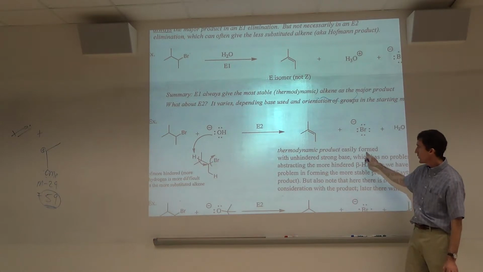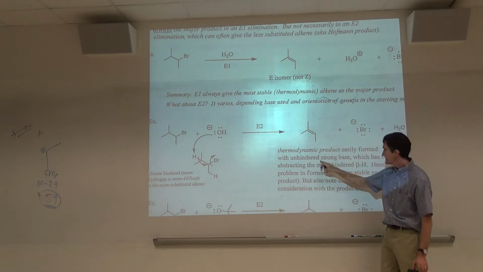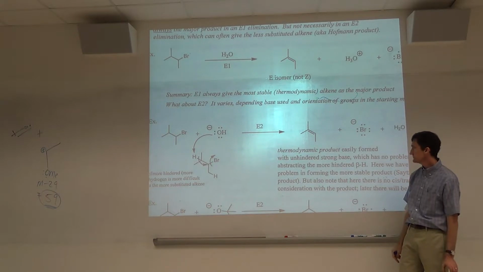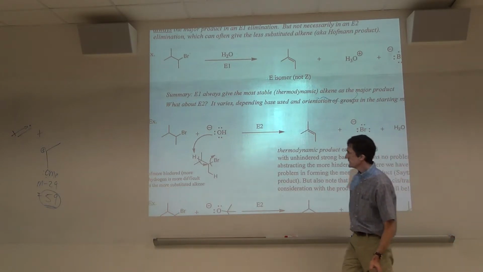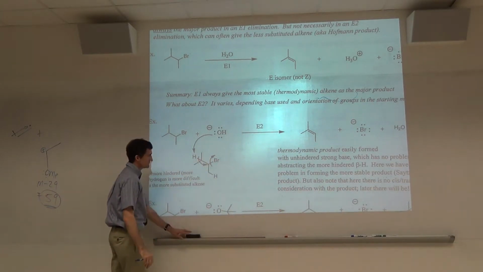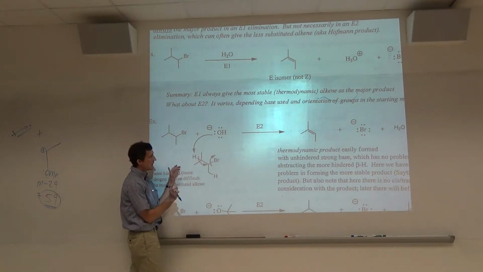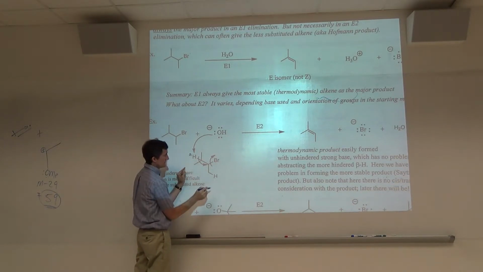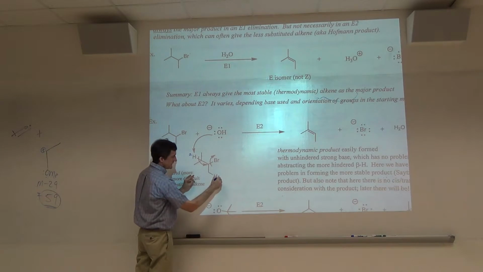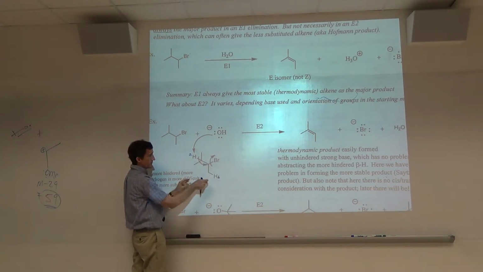It's easily formed with an unhindered strong base, which has no problem extracting the more hindered beta hydrogen. What do we mean? Realize this. To put the double bond here, the more substituted double bond, to make the Zaitsev product, we have to eliminate HA. Here you eliminate HB, and that would give the Hoffman product.